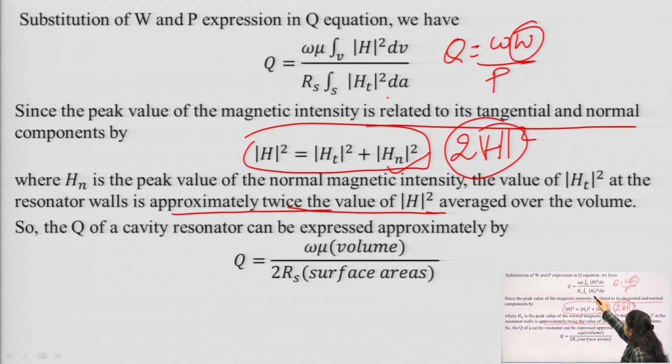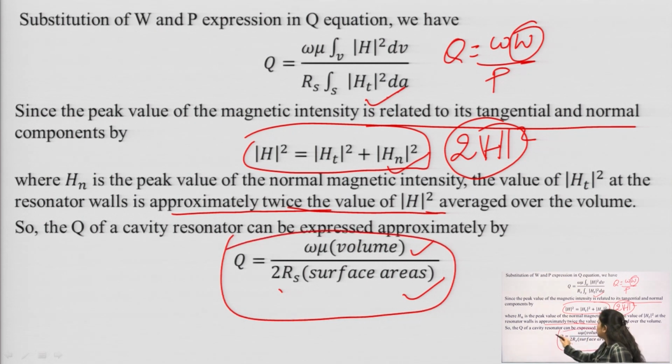So, we can replace it with the 2 and both get cancelled, giving 2 over Rs times omega mu with respect to volume and with respect to surface area. So, this will be our quality factor expression. The twist is this one, twice the value of H squared.